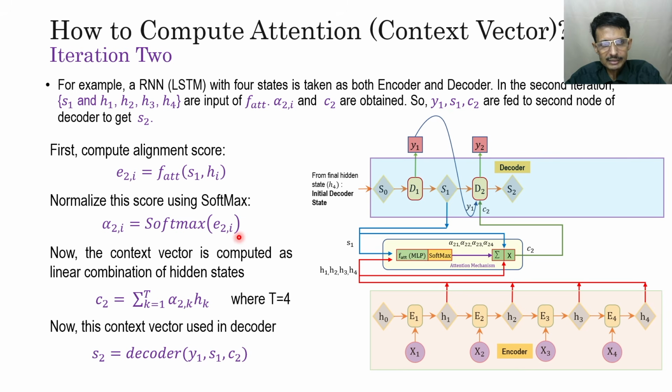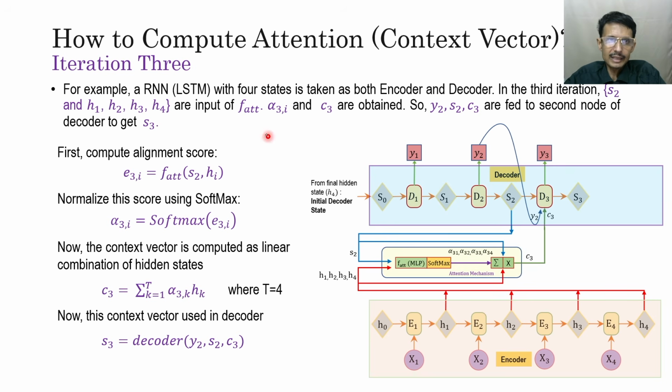So alpha 2i is the softmax of this. The context vector is the sum over alpha 2k multiplied by hk. Then C2 is coming, and S2 is computed by the decoder from Y1, S1, and C2. So this is the second step.